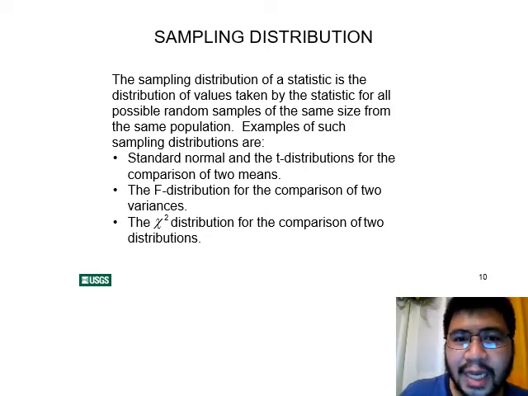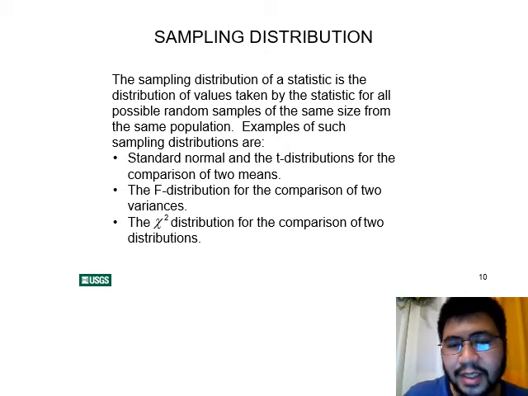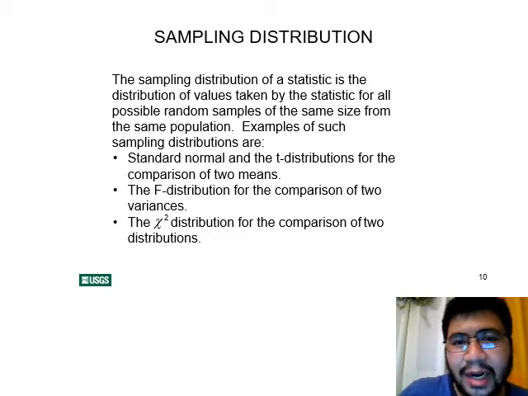Now, per type of statistical comparison, we use different shapes of sampling distribution. For example, for the comparison of two means, we normally use the standard normal or the standard Gaussian or the t distribution, or the Student's t distribution.